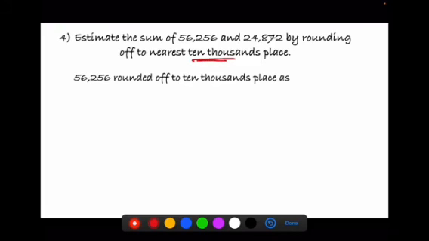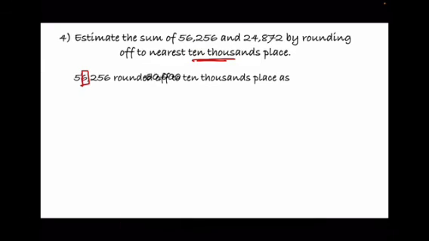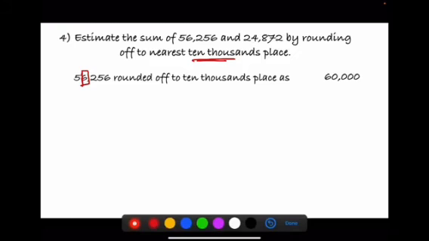So we will consider the thousands place value here. It is 6. 6 is greater than 5. So the rounded off value would be 60,000, because I will be adding 1 to 5.